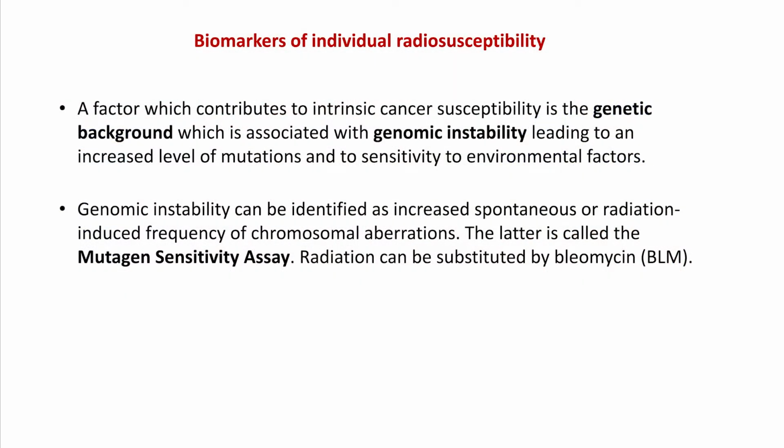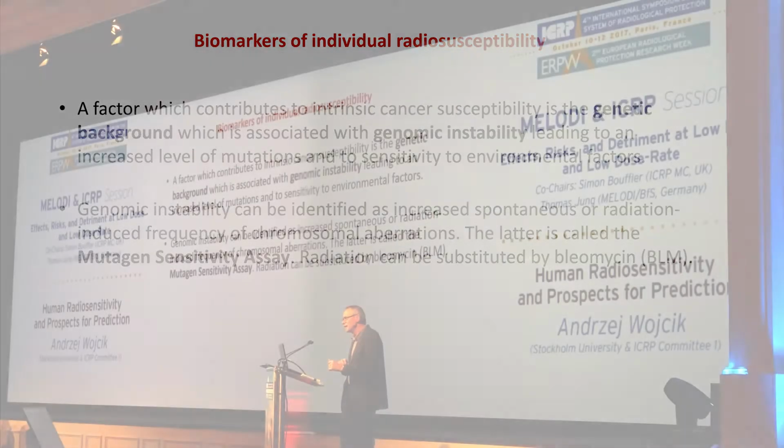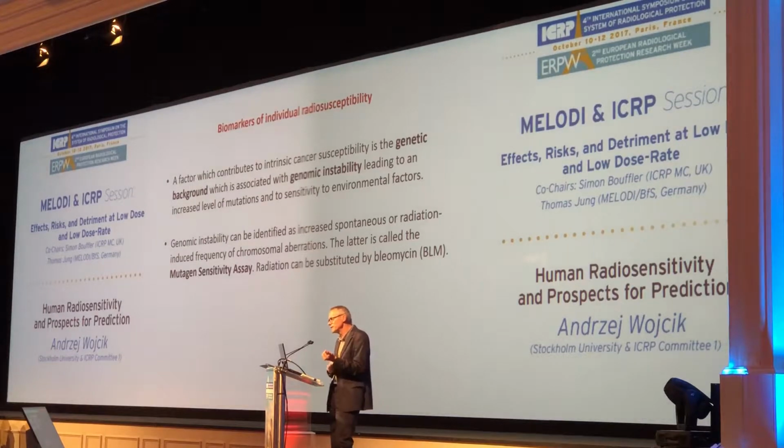Okay, so that was for radiation sensitivity. Let's go and have a look at radiosusceptibility. Again, we assume, I think most of us assume this, that your genetic background is a strong factor that influences your radiosusceptibility.